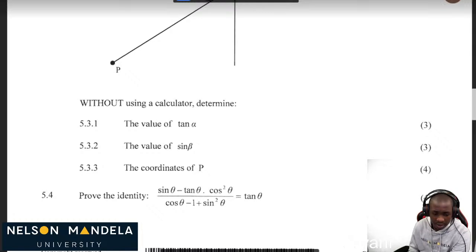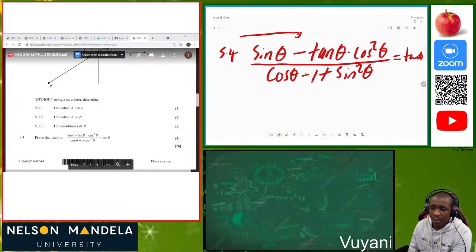So now we are given this question. This is our last example for today. Due to time, this is our last question of today.